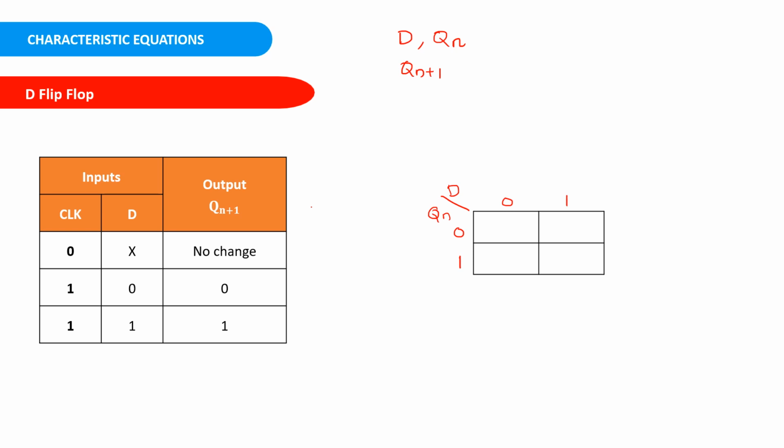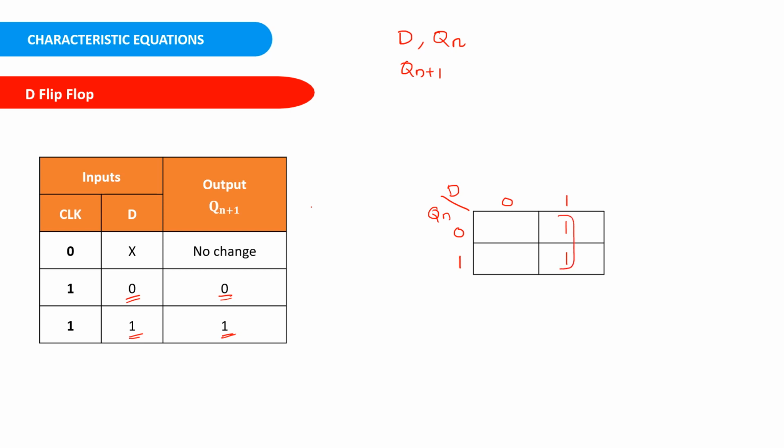Now when D is 0, irrespective of your Qn, the previous state, the output is 0. And similarly, when D is 1, irrespective of the previous state, the output is 1. So when D is 1, the output will be 1.